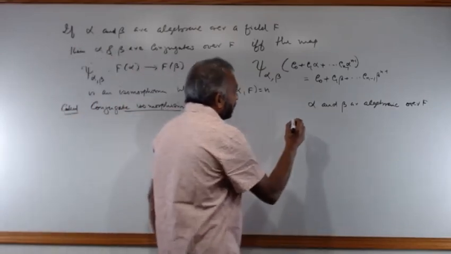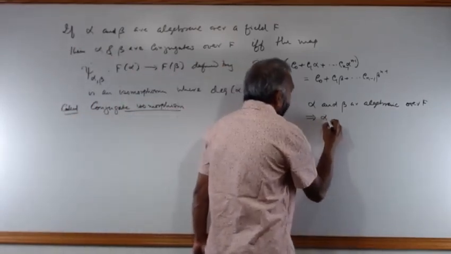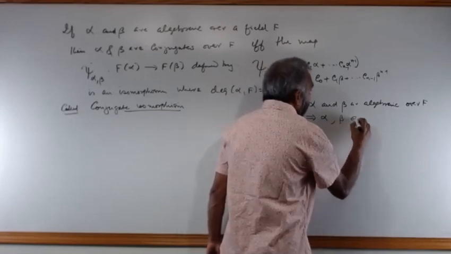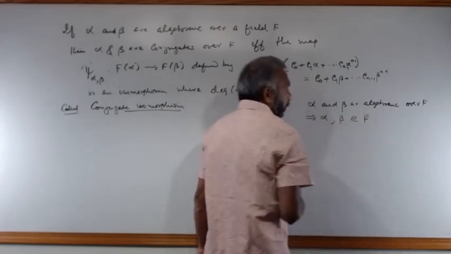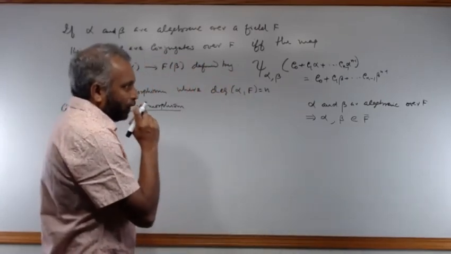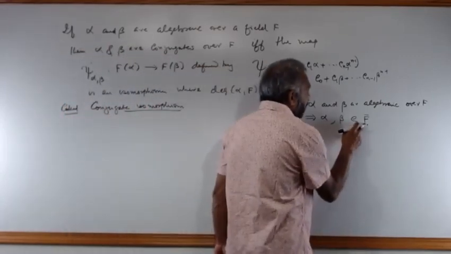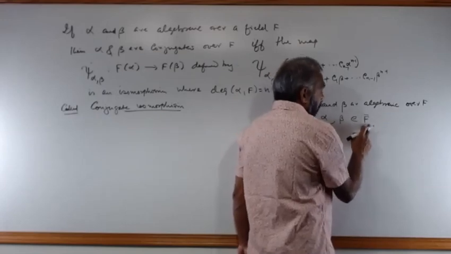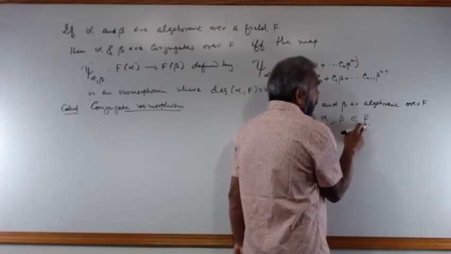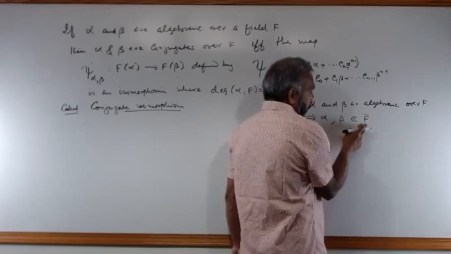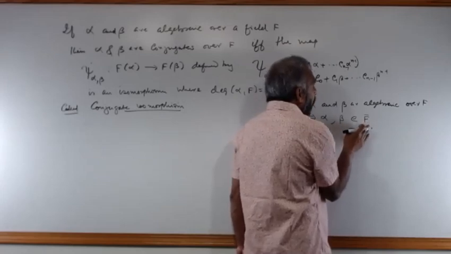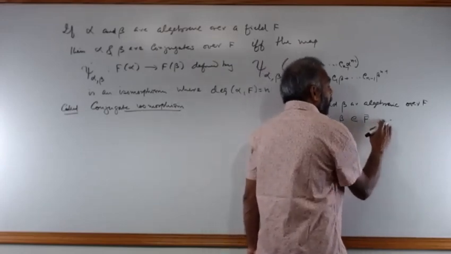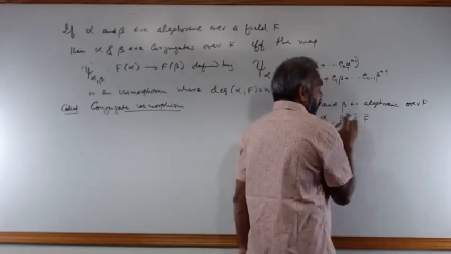This means that alpha and beta belong to the closure of F. The closure of F is the algebraically closed extension of F. So any element which is algebraic over F has to be in here, in F closure.